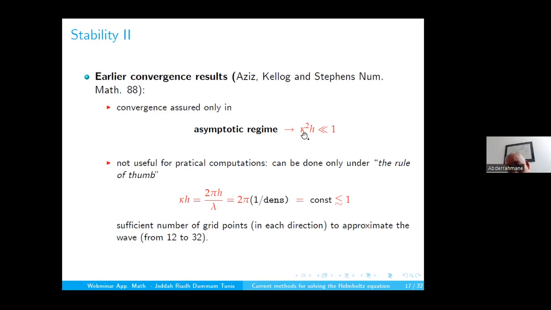For instance, for kappa corresponding to 100 wavelengths, you have to take a mesh size 100 times smaller.